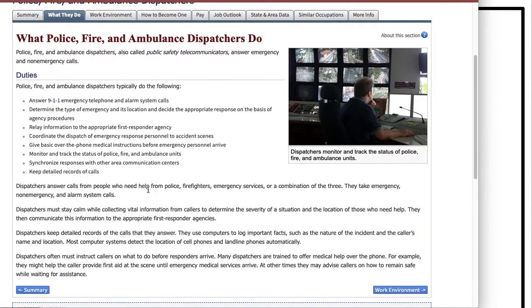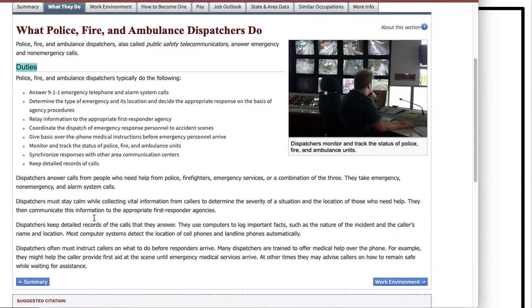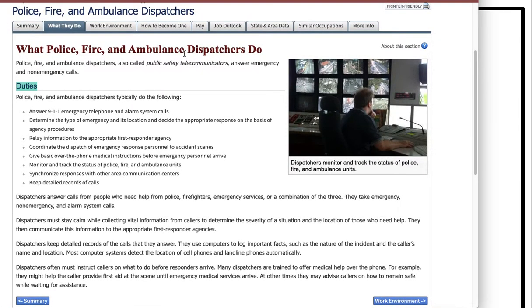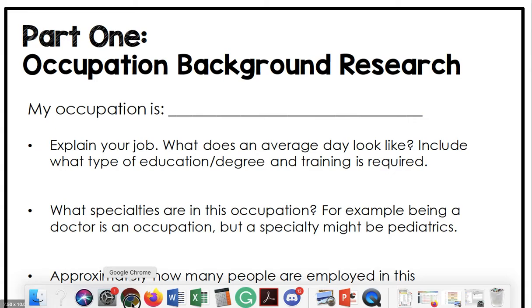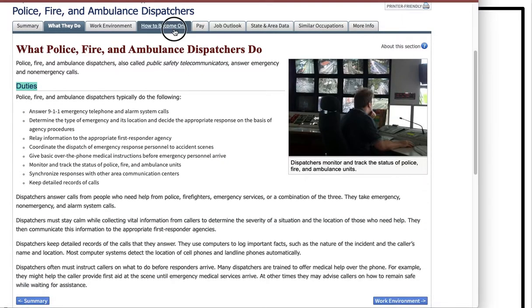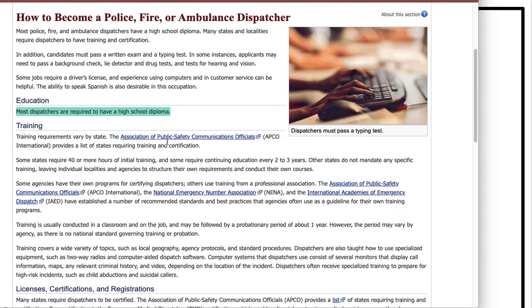And when I read this, it's going to tell me duties, what they do. Okay. And then I also need to answer for this question, what type of education, degree, and training is required? So if I was looking for that, I would go to how to become one. Education, most dispatchers are required to have a high school diploma.